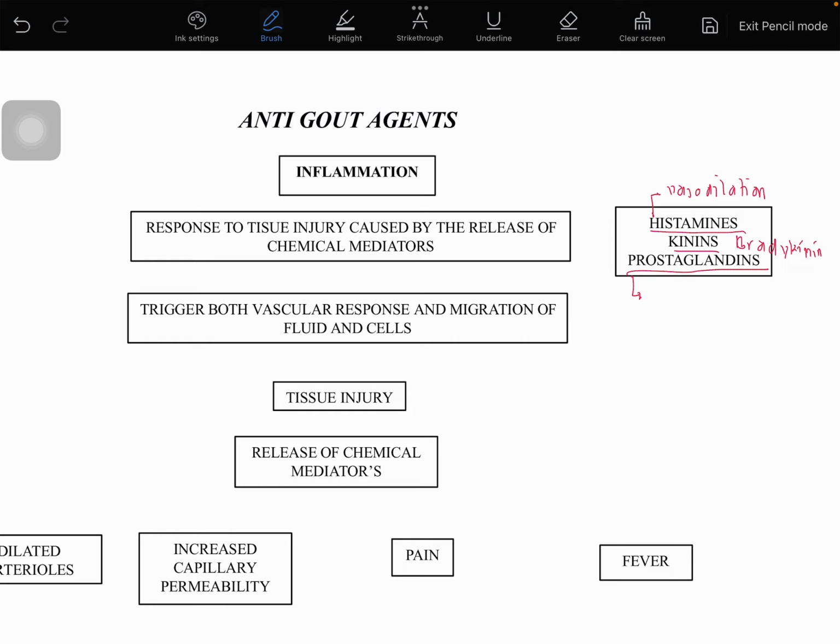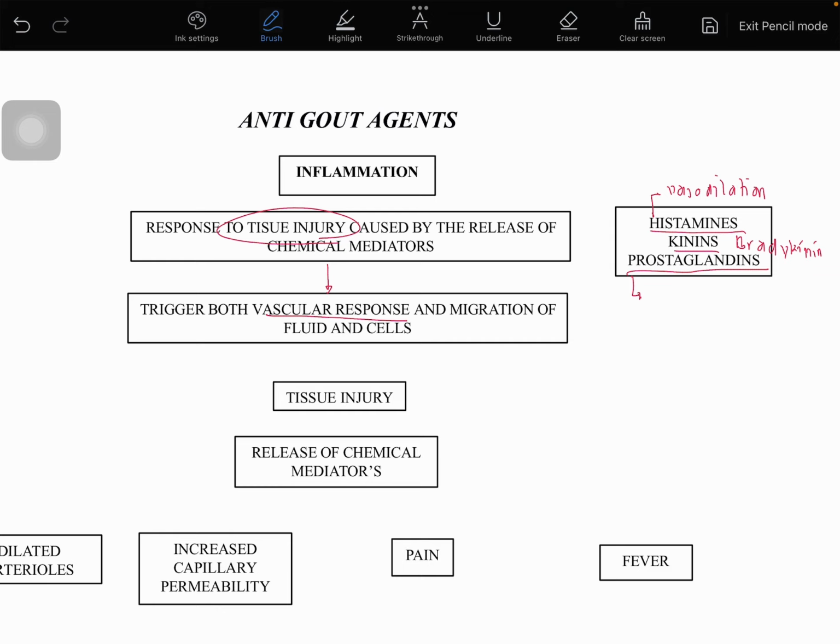Let us repeat: inflammation is just the response of our body to tissue injury caused by the release of these chemical mediators. Once the chemical mediators are released, they will definitely trigger both your vascular response and the migration of fluid into our cells.